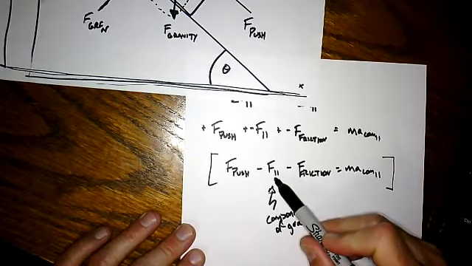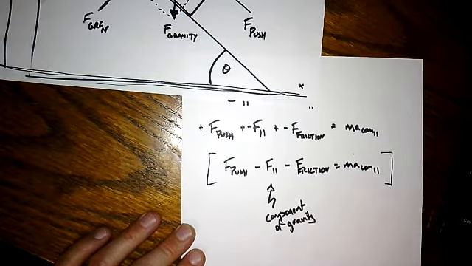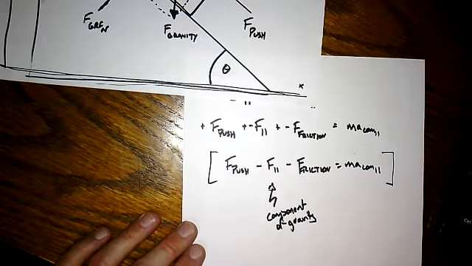This component is going to be constant as long as the steepness of the hill is constant. This will vary based upon our understanding of how friction of a sliding object varies. We should do another instructional video on friction, both static, where the object's not moving, and dynamic or kinetic friction.